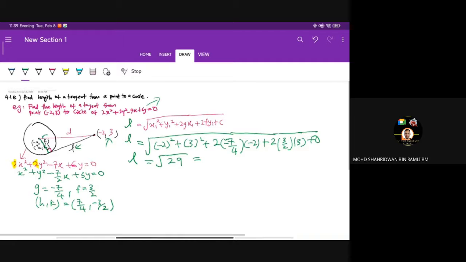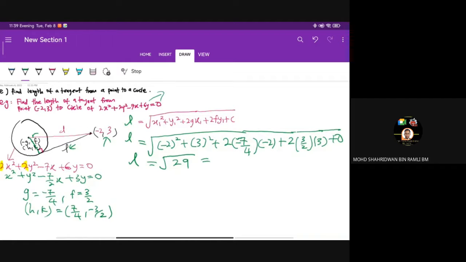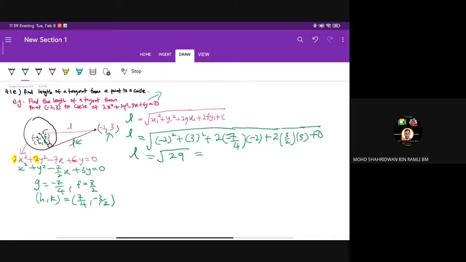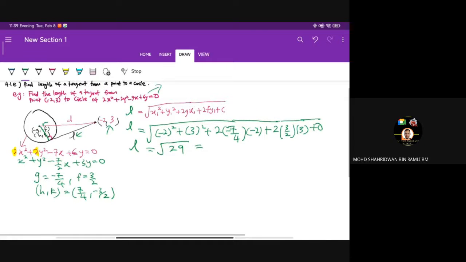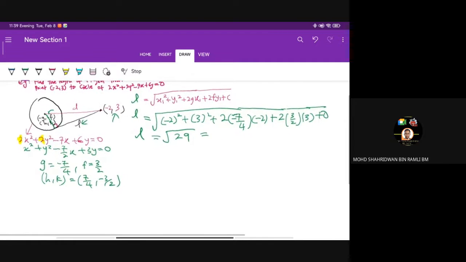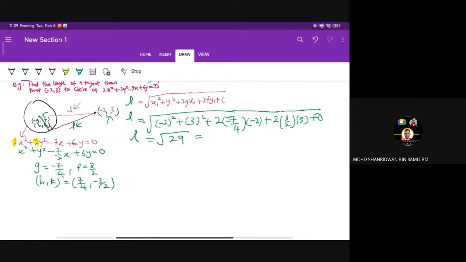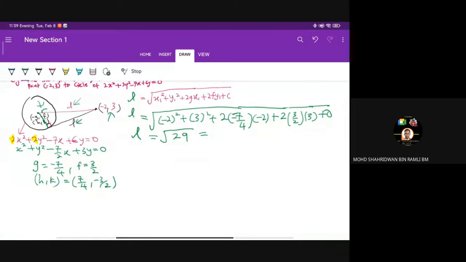Let's say you want to use another method because you do not memorize this formula. You will lose a certain amount of time, because you need to find this D first and also this radius R. Because you have the general equation, from this one you can obtain your radius. Radius equals the square root of g squared plus f squared minus c.